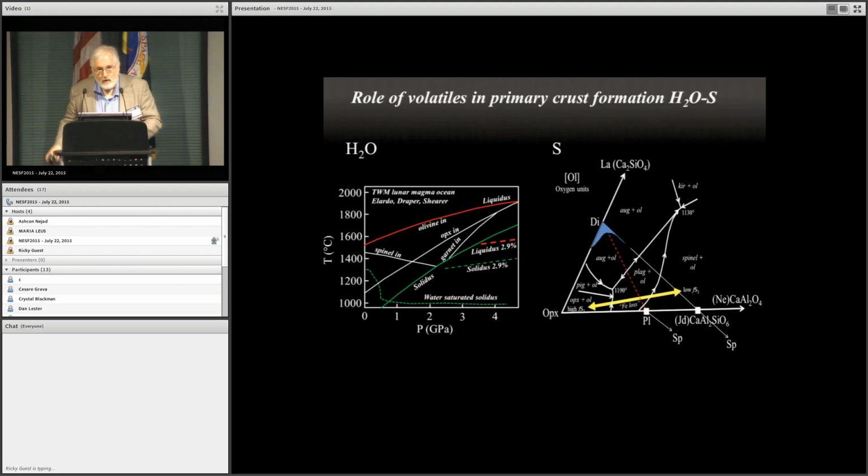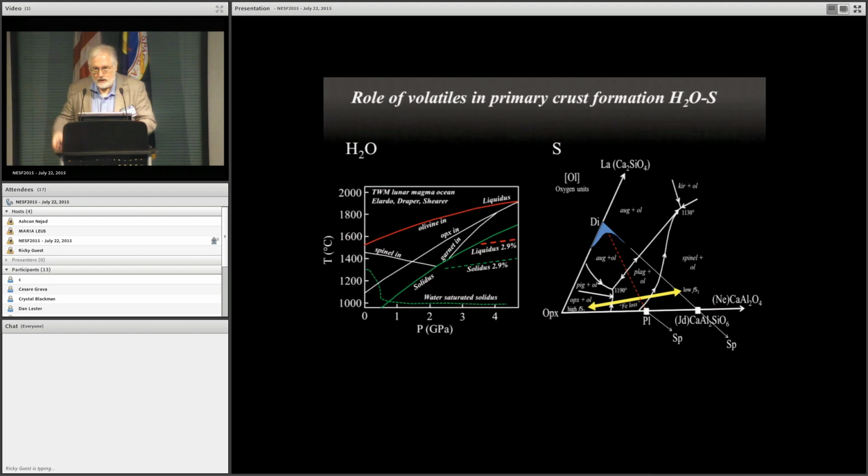Again, H2O, if it's stable, will lower the crystallization temperature, and also change the sequence of crystallizing phases. And again, if one takes this to an extreme, shown in this dashed line right here, this is the water saturated solidus for this lunar magma ocean bulk composition.